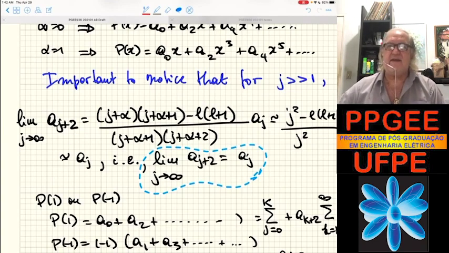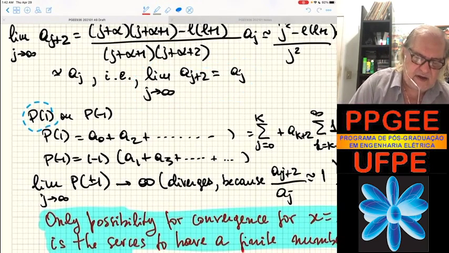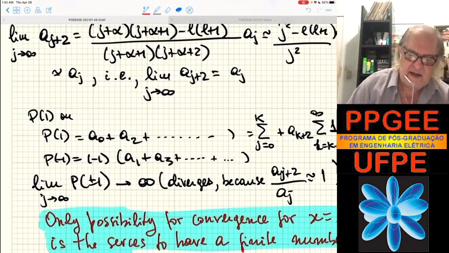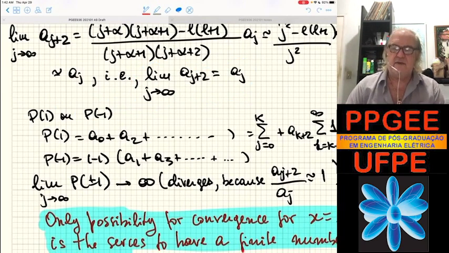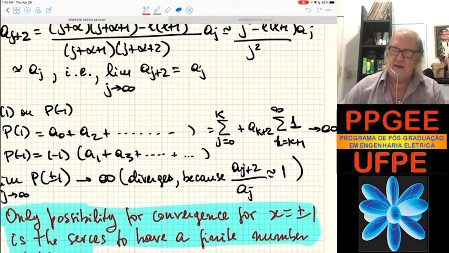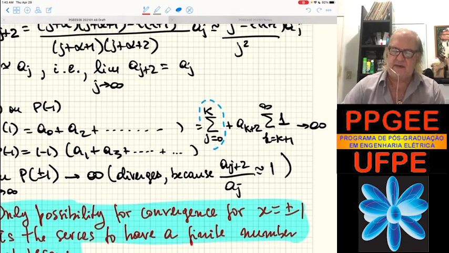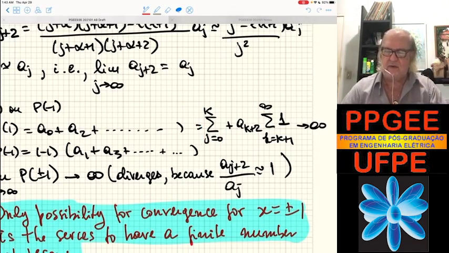Now look what is the consequence of this. Let's calculate P of 1 or P of minus 1. We know P of 1 is the sum of the coefficients, right? So we have a sum until a certain point, a certain large number k, and beyond that, all the terms are equal.